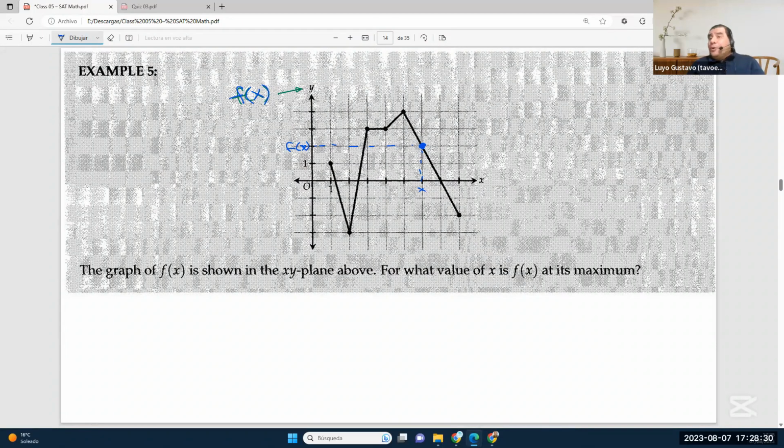So what is the point that has the greatest possible value for y? Clearly, it is this one, that is at the top of the curve, vertically speaking. The vertical coordinate here is the top value for f.